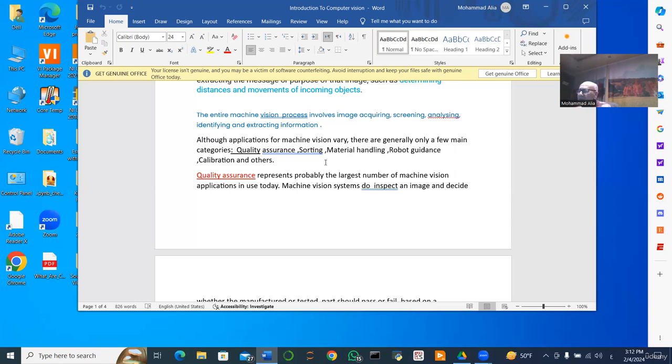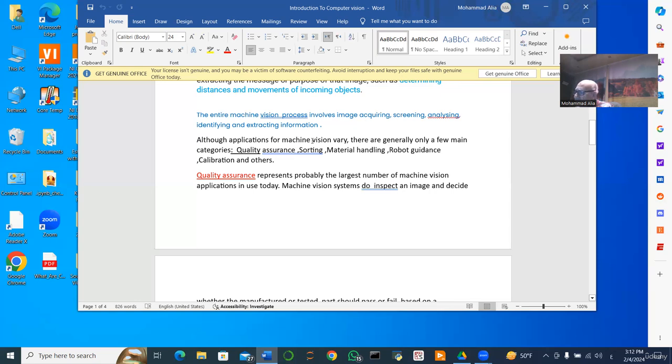So as mentioned here, it represents the largest number of machine vision applications nowadays. And of course, there we can carry out the inspection of the images and make decisions about them. But the application activity is not limited to quality assurance only.